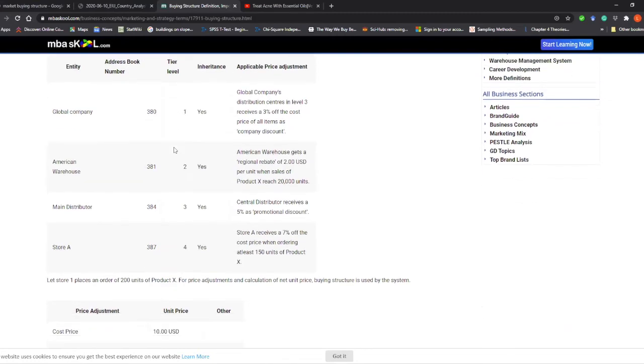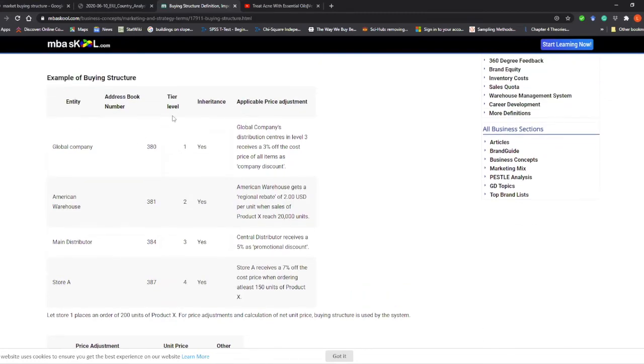For instance, they said that the global company is at tier 1, and their distribution centers in level 3 receive 3% of the cost price of all items as company discounts. Then at tier 2, where their American warehouse is, the American warehouse gets a regional rebate of $2 per unit when sales of a particular product reach 20,000 units.